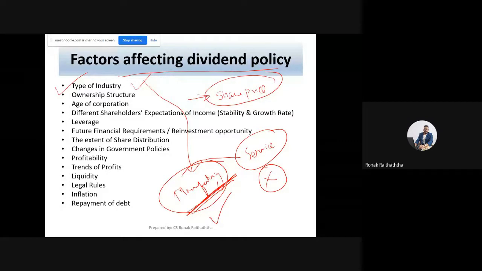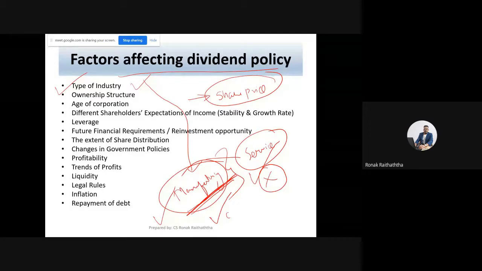So if the company wants to expand further in the upcoming years, then the company will require a good amount of money in a manufacturing concern, but in a service concern, the expansion money is not that much. So a service company may afford to give the dividend to the shareholders if they do not have many expansion programs.